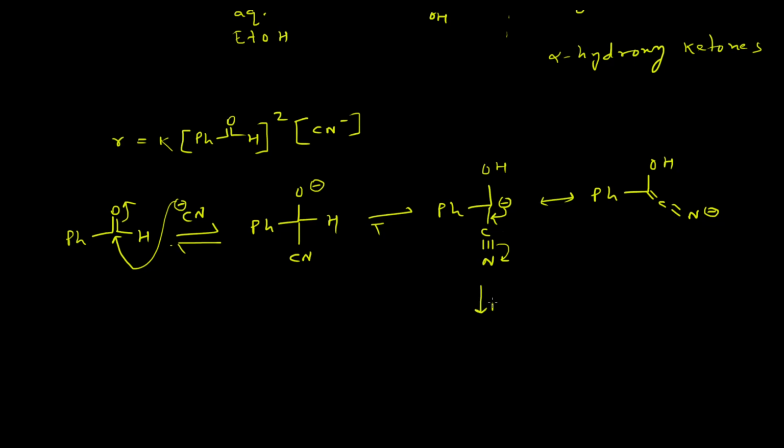After a sufficient concentration of this particular carbanion is formed in the reaction medium, it will react with another molecule of benzaldehyde, where this carbanion center will behave as a nucleophilic center, and it will attack the carbonyl carbon atom of benzaldehyde and produce an intermediate like this.